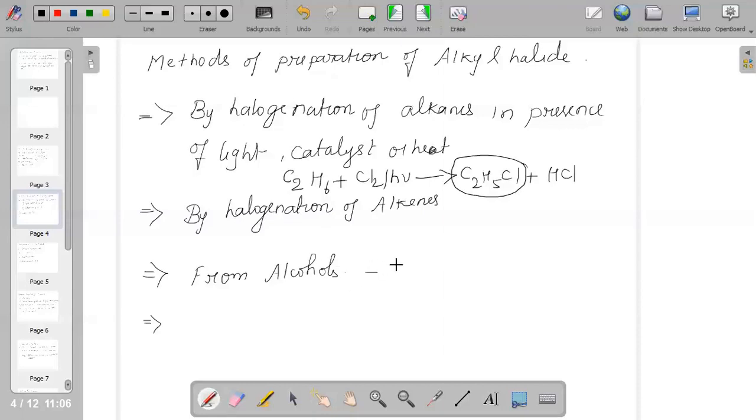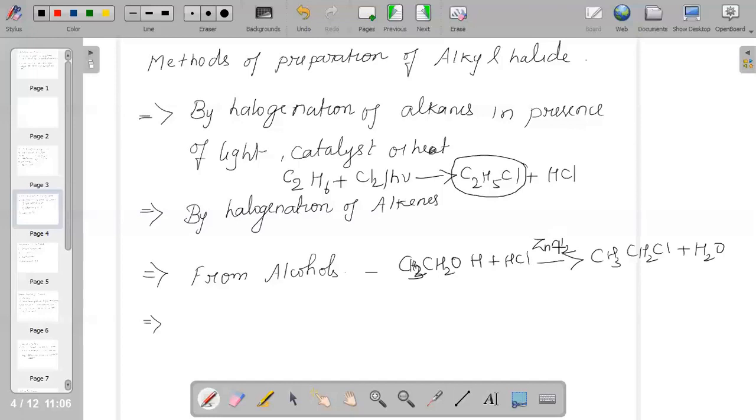For example, ethanol, CH3CH2OH, plus HCl will give you CH3CH2Cl plus H2O, in the presence of ZnCl2. That is chloroethane.